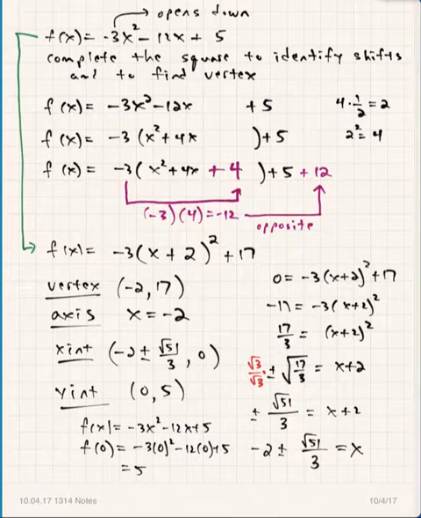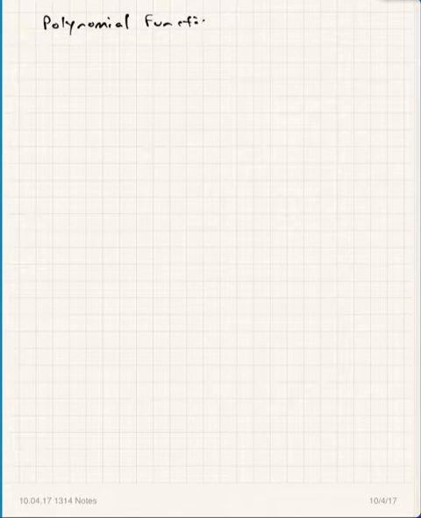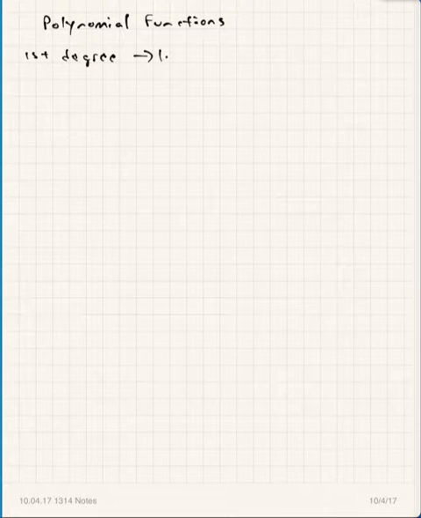All right. So we know that first degree, to kind of sum it up, we're talking about polynomial functions. So first degree polynomial functions are functions, first of all, they're linear functions.